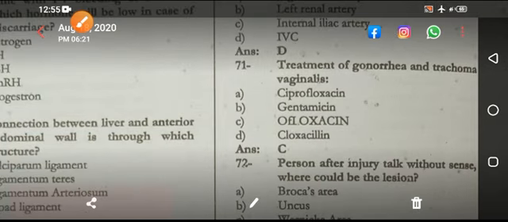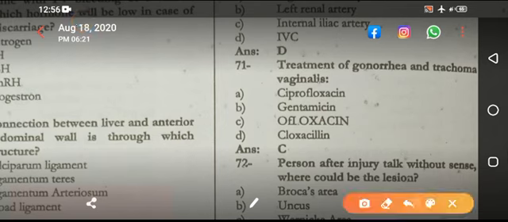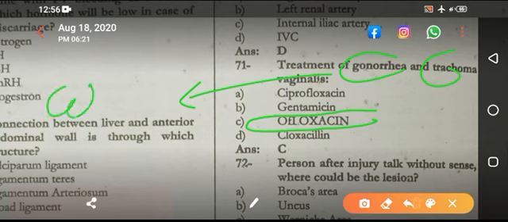Treatment of gonorrhea and trichomonas vaginalis. Now the answer for this is ofloxacin. This is actually chlamydia trachomatis, gonorrhea and chlamydia. Well, if you look for ceftriaxone plus azithro, this is the current regimen.